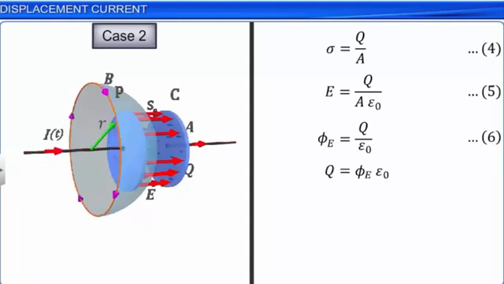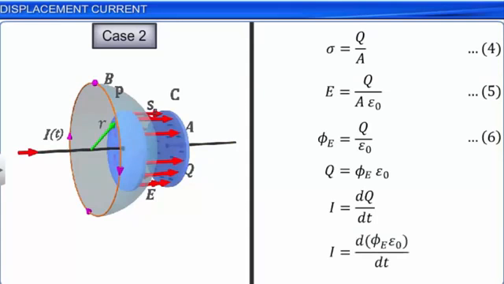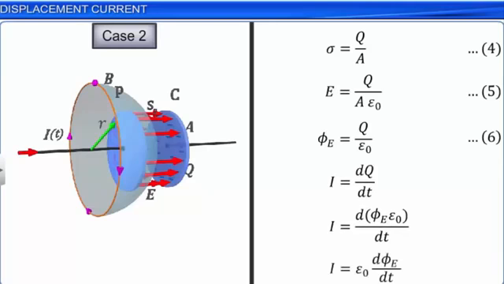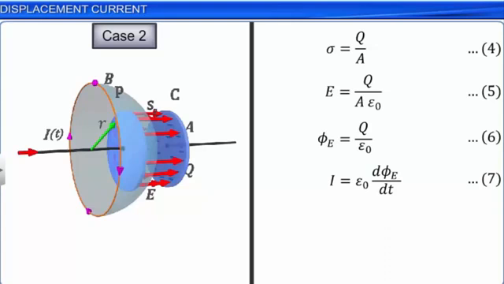On substituting the charge, we get the current I is equal to d(phi E into epsilon naught) by dt, which can be written as I is equal to epsilon naught into d phi E by dt. Let this be equation 7. This is the missing term in Ampere's law, which is the current due to the changing electric field between the plates of the capacitor. This current is called displacement current, denoted as ID.